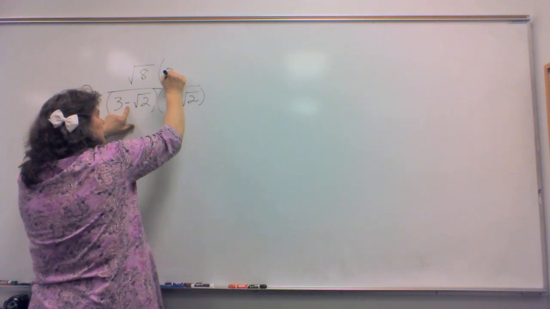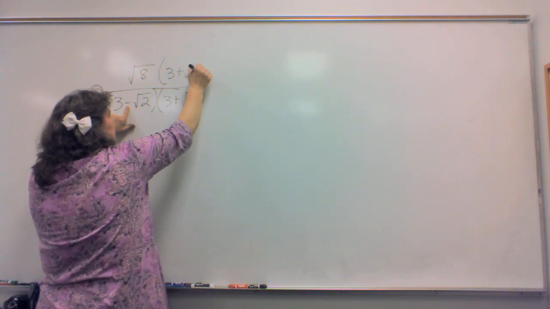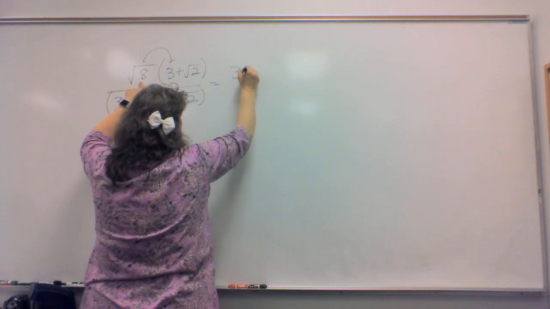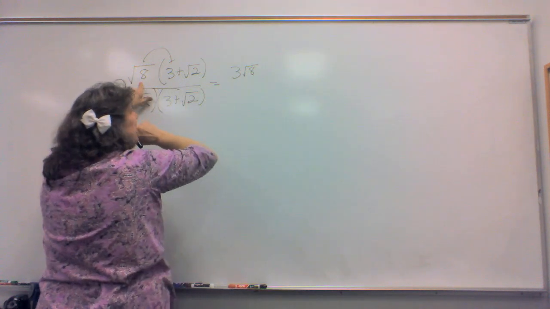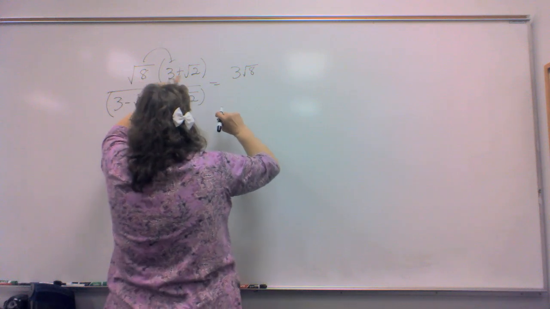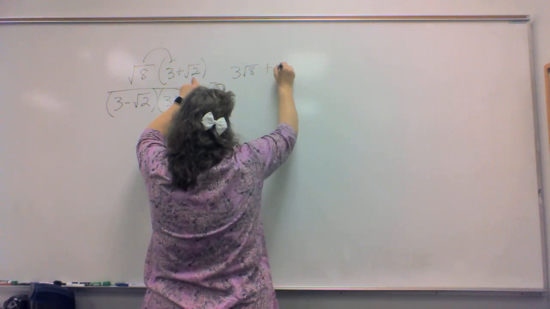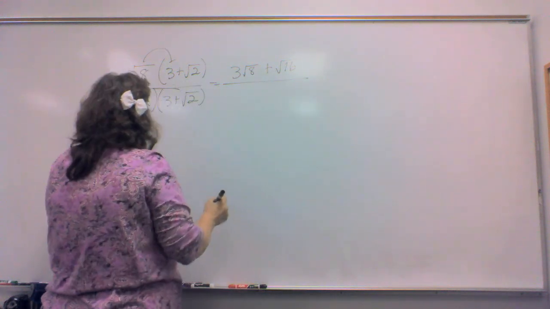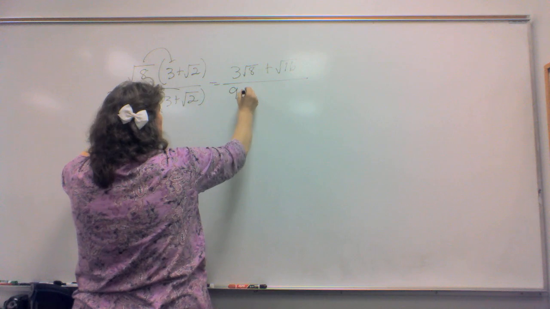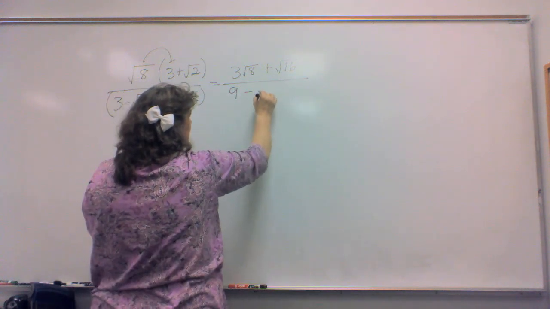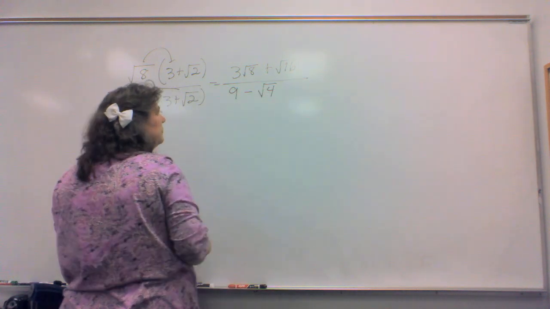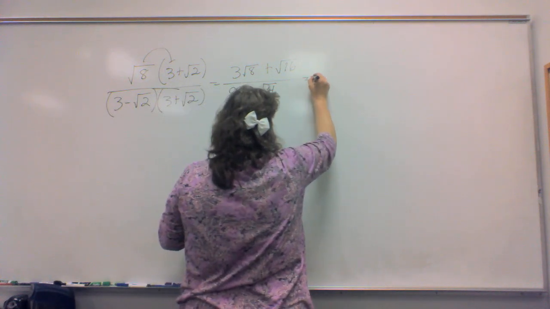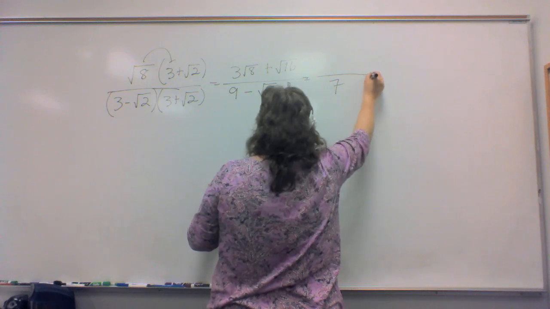Do the same up here, 3 plus square root of 2. Radical 8 times 3 is 3 square root of 8. Radical 8 times radical 2 is plus radical 16. Okay, over. 3 times 3 is 9, minus square root of 2 times square root of 2 is square root of 4. And so that will be 9 minus 2, giving you 7 in the denominator.